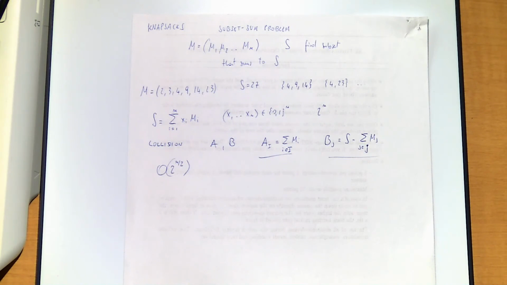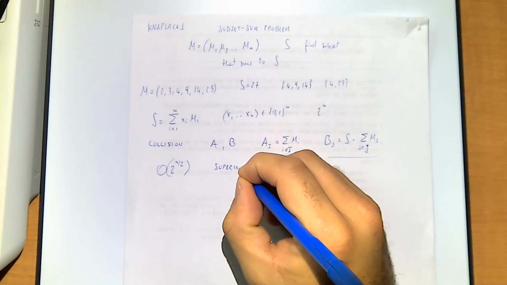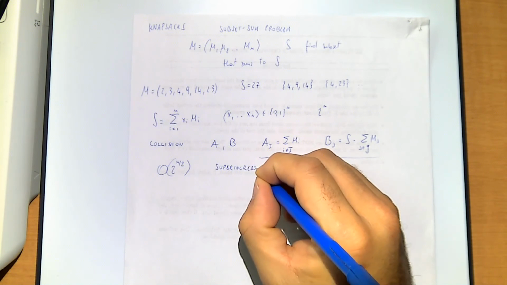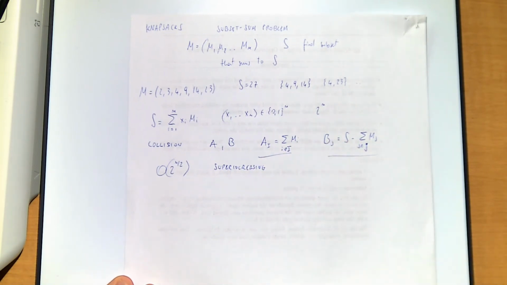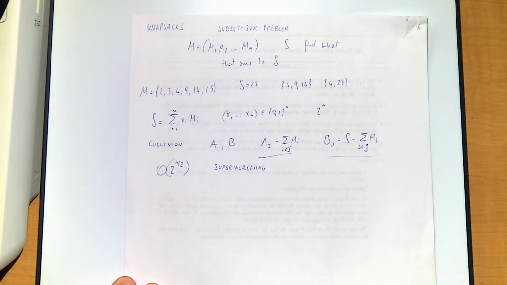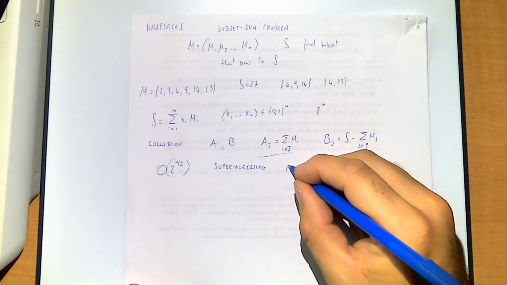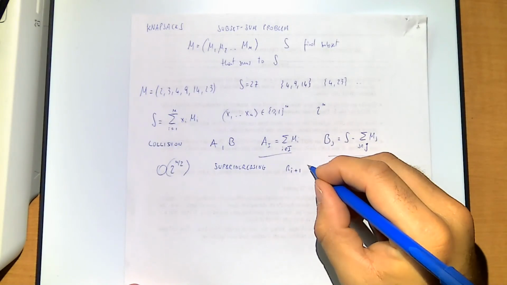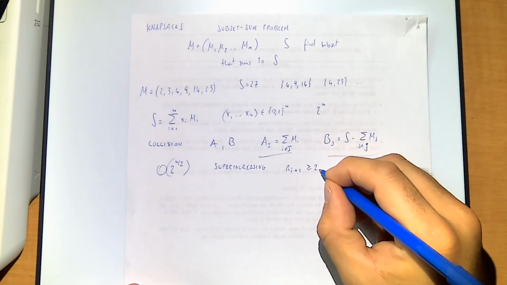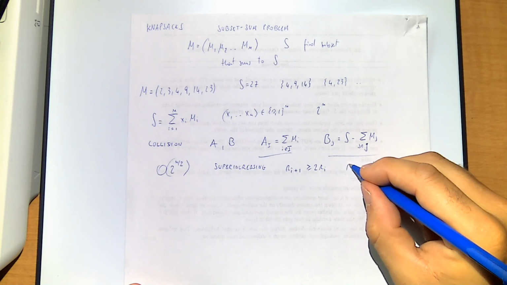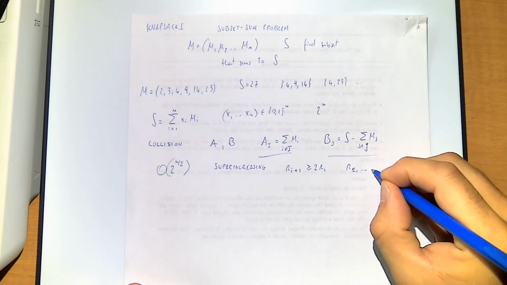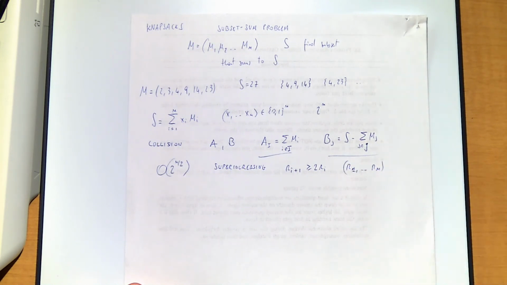Okay, so first of all, we have to define a couple more things. We talk about a super increasing sequence. If I have a list of integers such that the next one is at least as big as twice the previous one, these are my r_1 to r_n.